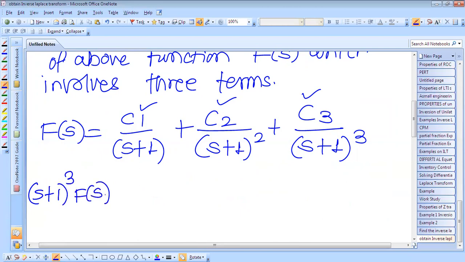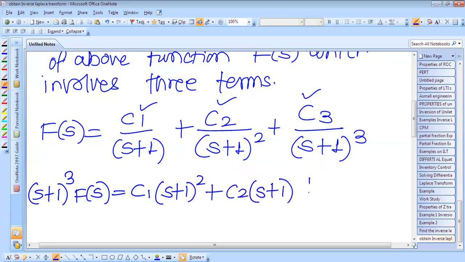It will become c1 into s plus 1 square, plus c2 into s plus 1, plus c3. So this is your equation number 1.